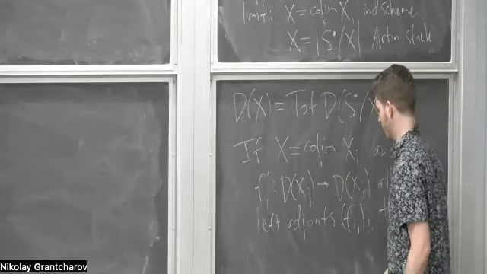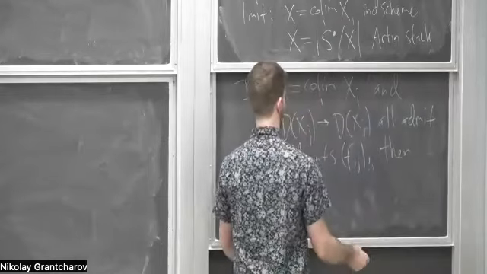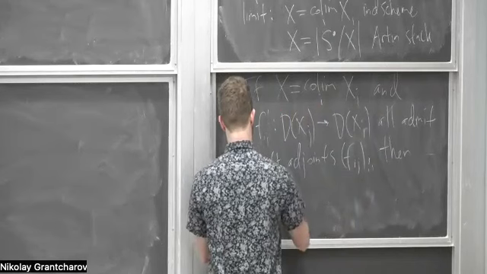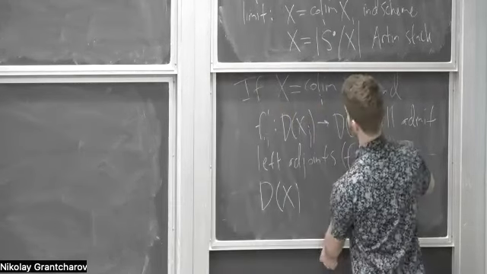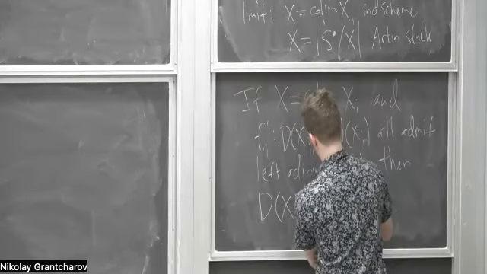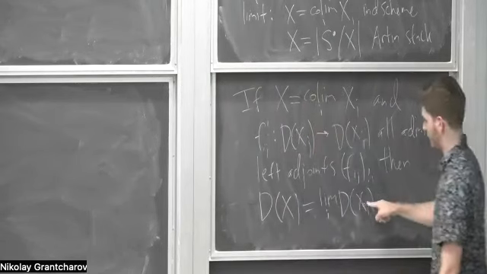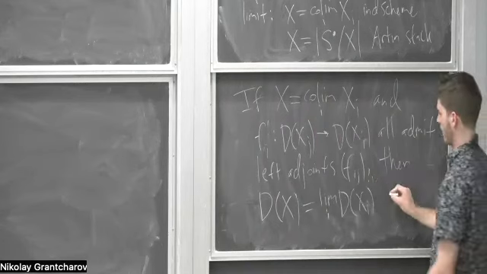But if this does happen, then it follows that this limit presentation, which tautologically is the limit of D of X_i over the F upper shrieks, can be rewritten.